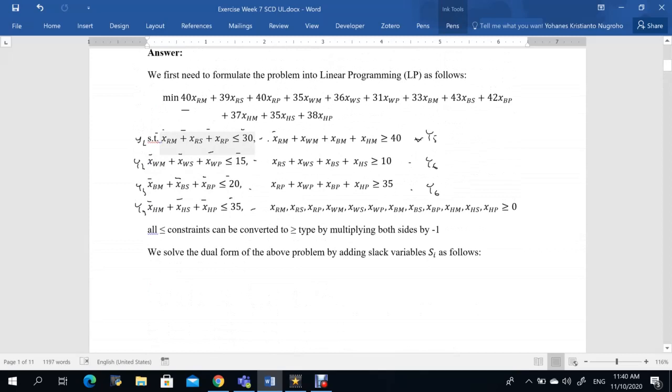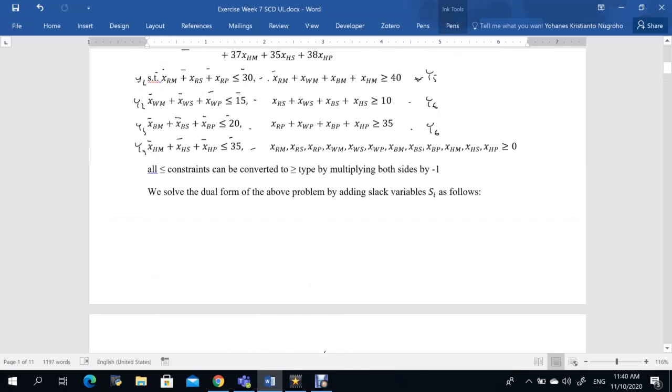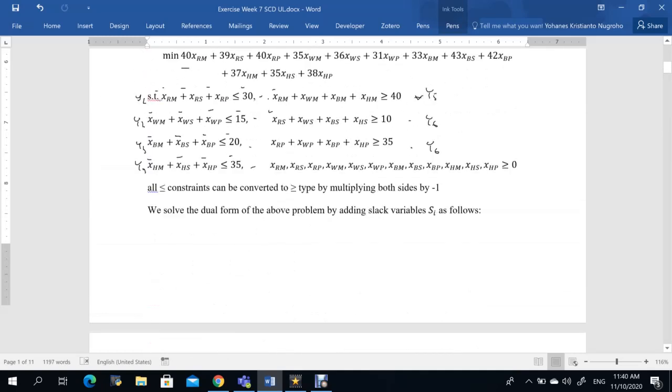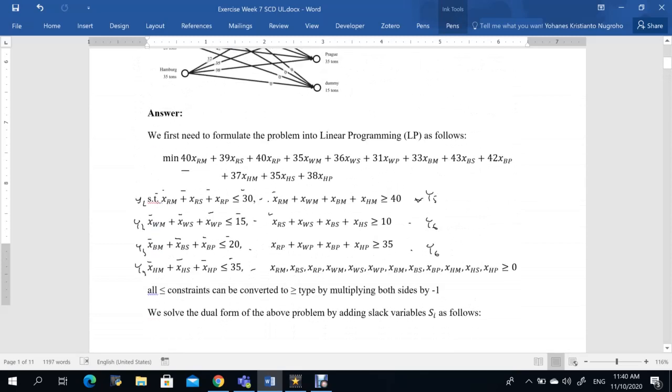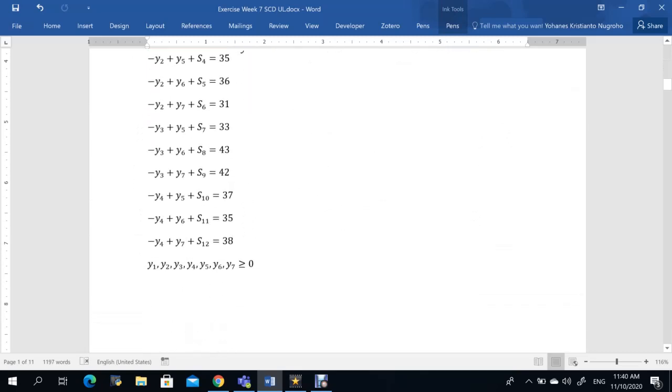For example here, sRS is minus y1 still, plus here we have xRS is y6, and therefore minus y1 plus y6 should be equal to 39, because here xRS is equal to 39. Alright? And we do the same for other constraints.